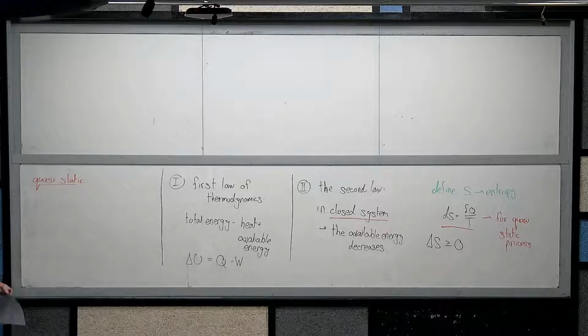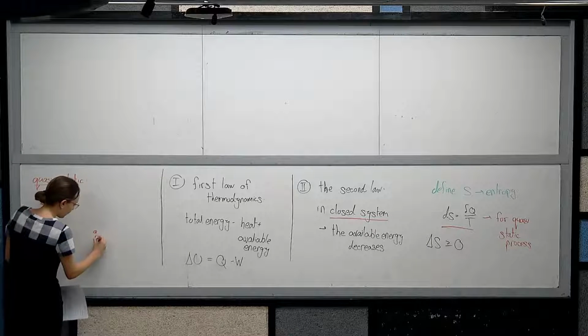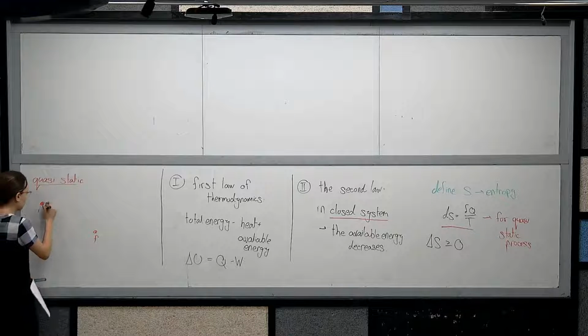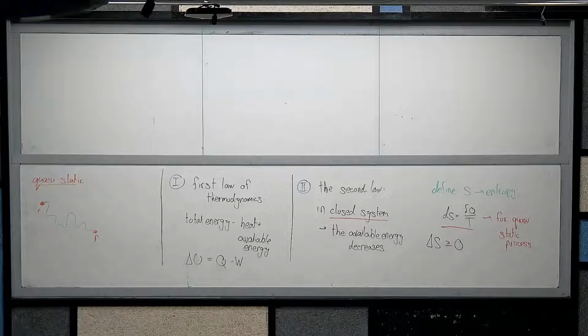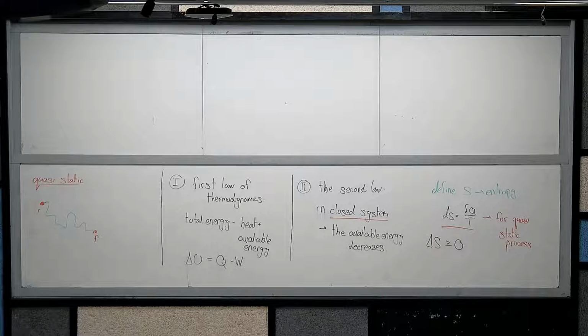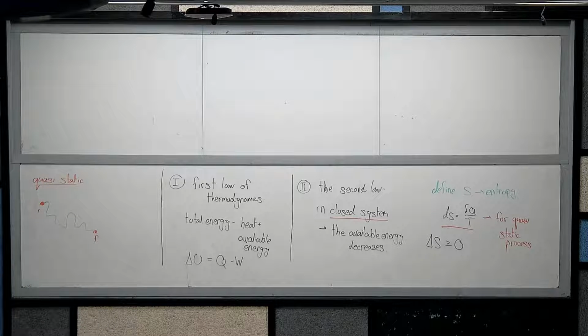So we have a process that has a beginning point and some end point, and the actual process can look like something like this. Something happened between those two dots. But when we're talking about a quasi-static process, we say, okay, let's assume that the process occurs very, very slowly. So at each point in the process, the system is in equilibrium.